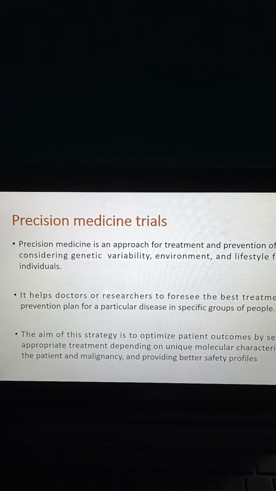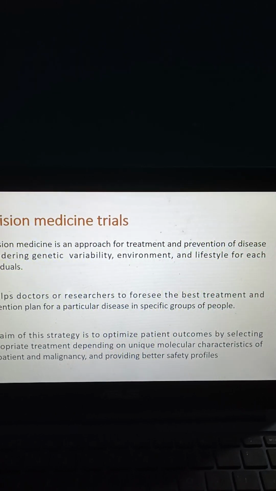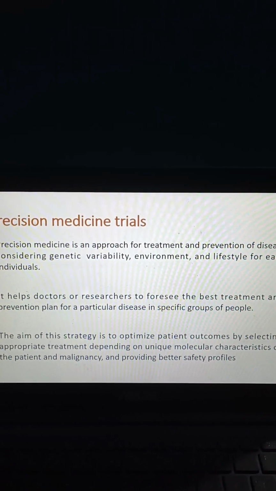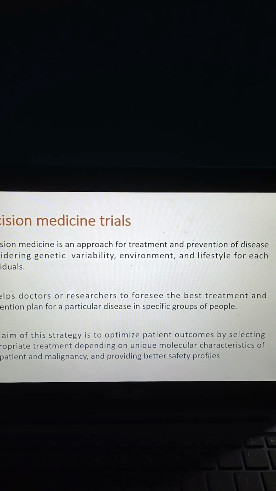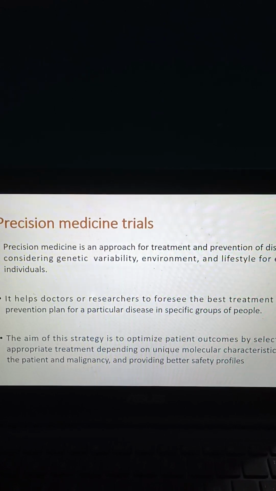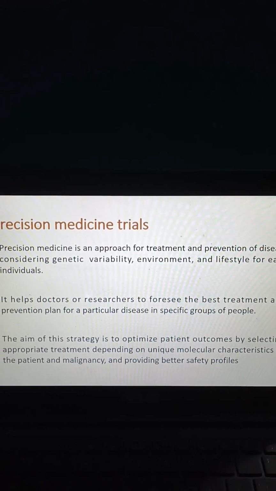The aim of this strategy is to optimize patient outcomes by selecting appropriate treatment depending on unique molecular characteristics of the patient and malignancy and providing better safety profiles.